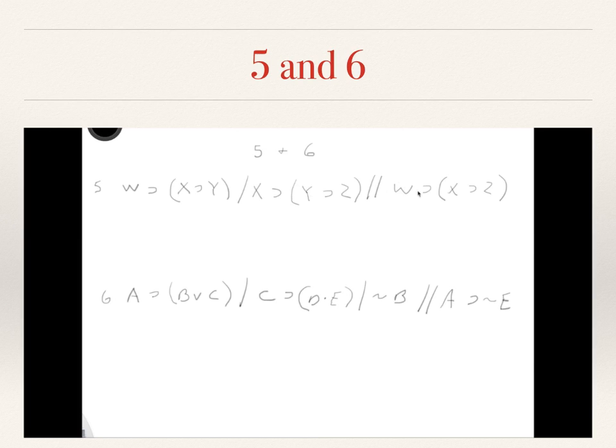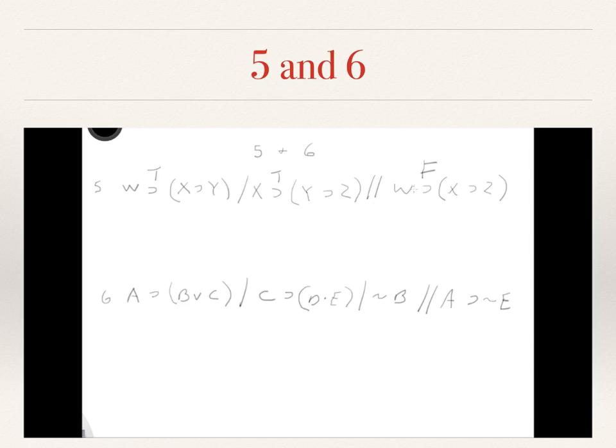And the indirect method, you'll recall, is that you assume that the conclusion is false, and you assume as well that the premises can be made true. So if you can make the premises true and the conclusion false, then you have an invalid argument. If you can't do that, then it's a valid argument.